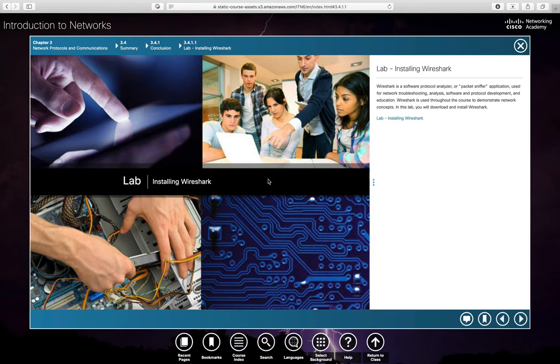One thing I mentioned in the notes of that lab is that the installation instructions are for Windows, but I'm a Mac user myself, and there is a version of Wireshark that works perfectly fine on Mac OS X. So you need to download the appropriate version, install it, and then I ask you to show me a couple of specific screen grabs so that I can make sure that it's installed and working correctly on your machine.